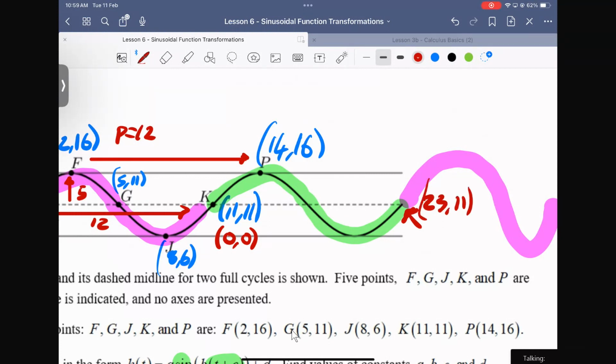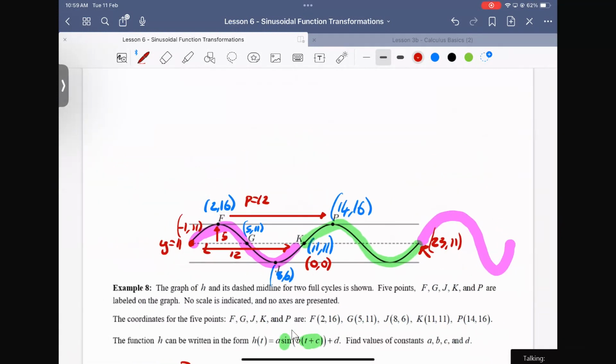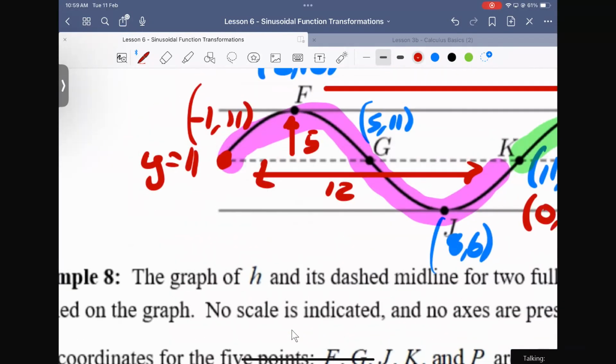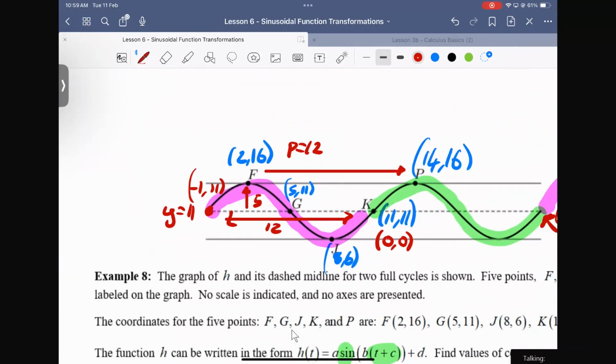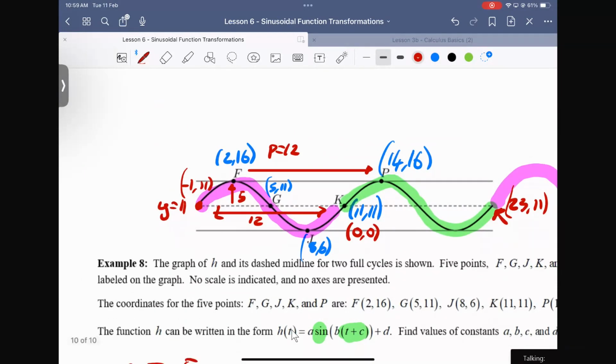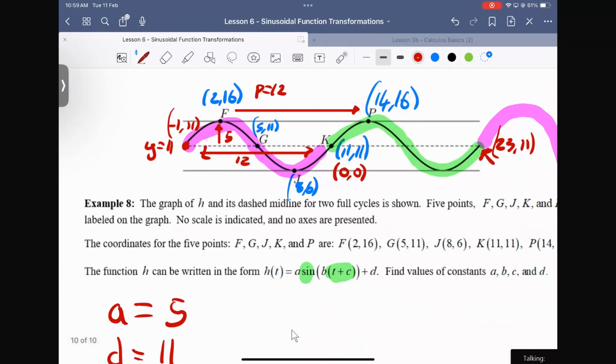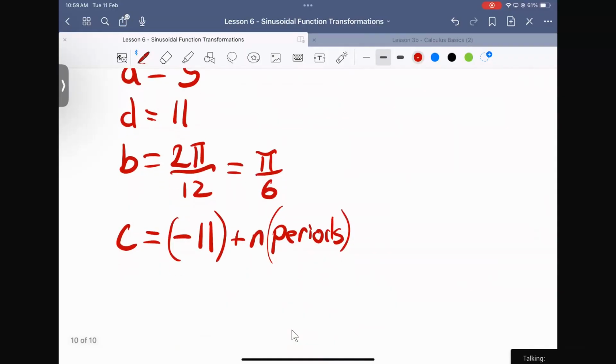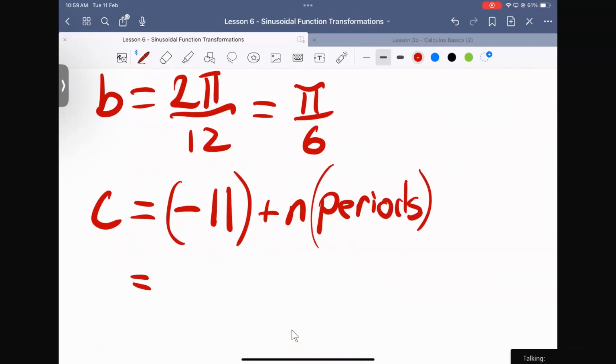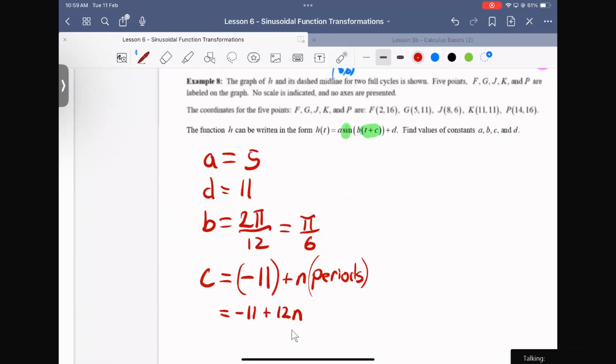So any of these can be used for your C value. So this point here would be at -1. So we could have C is equal to 1, C is equal to -11, C is equal to -23. So C is equal to -11 plus n, let's say 12n, because the period is 12 this time.